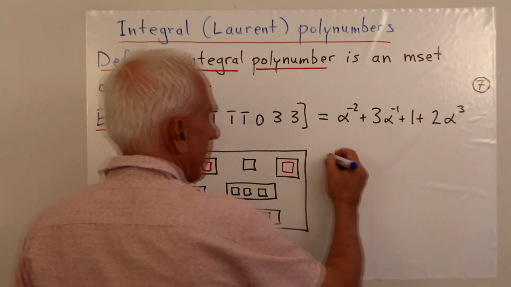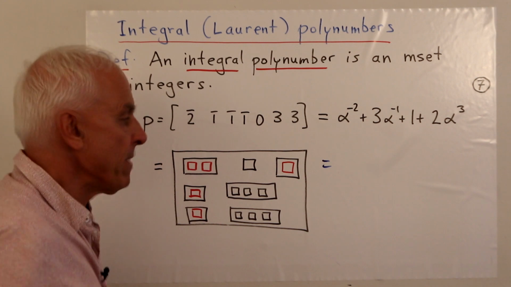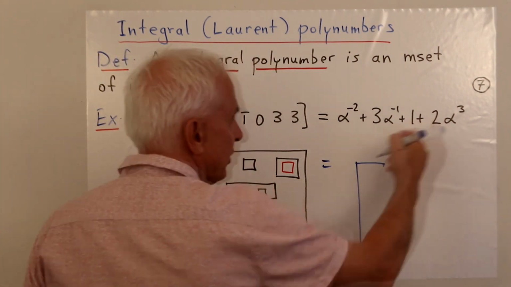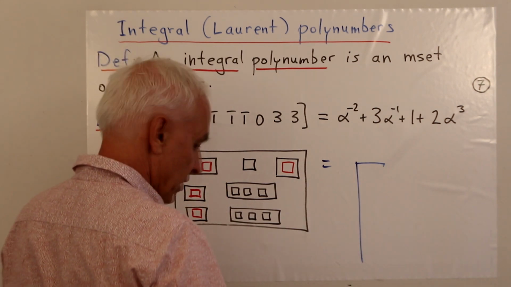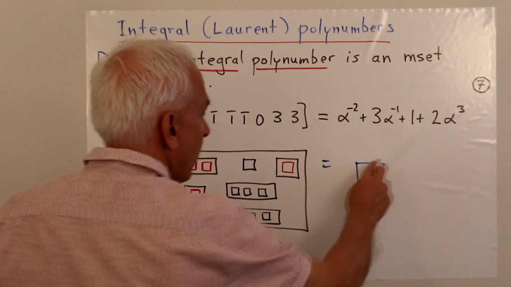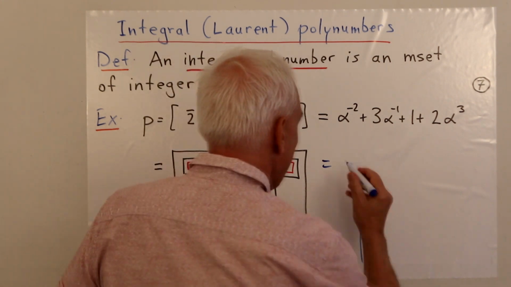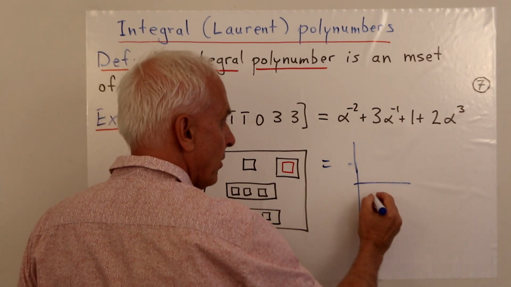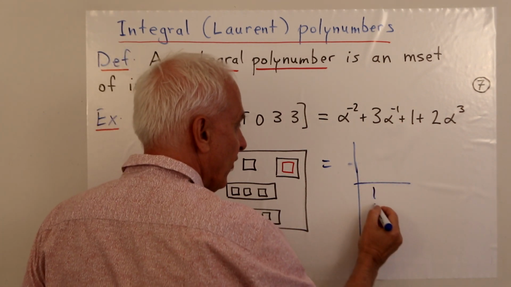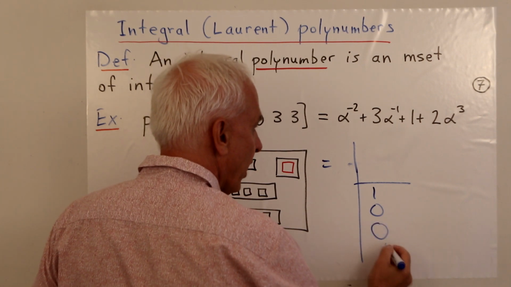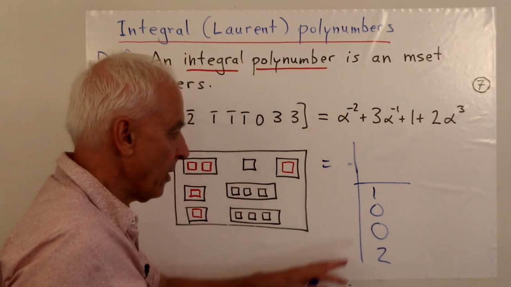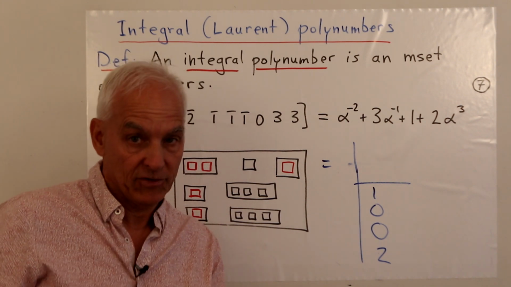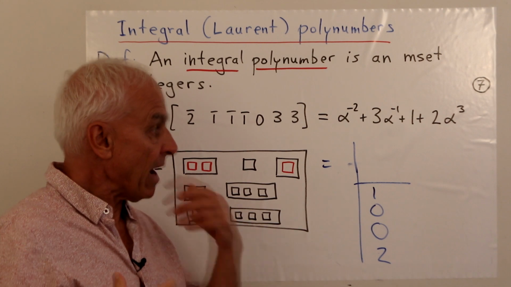Now, in terms of our familiar notation for msets, if we just looked at the positive part of this, let me write it like this. There's a single 1, 0 alphas, 0 alpha squareds, and there's 2 alpha cubes. So that would be our usual polynumber representation as a multiplicity list with just positive powers of alpha.